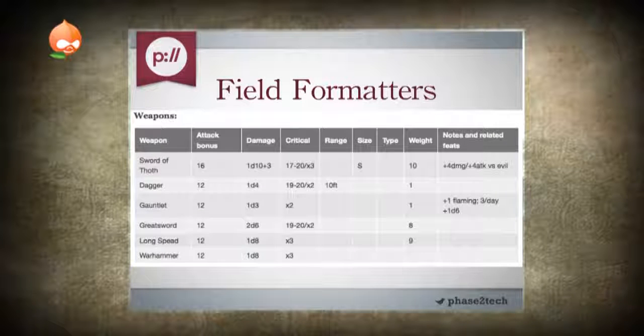So the third step. What am I talking about with a field formatter? A field formatter is just a hook that lets you define the output of your field. In this case, this is just the rendered HTML of the field data. All I'm doing here is using theme table.